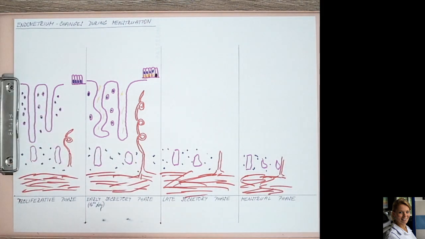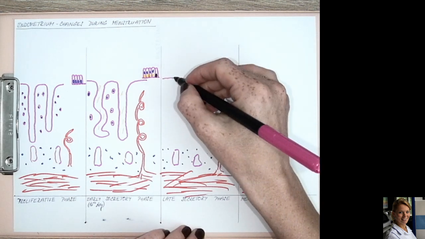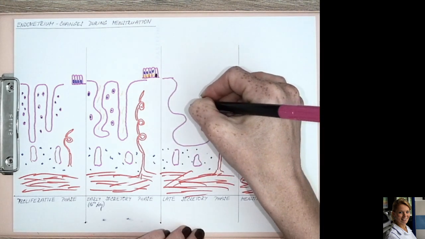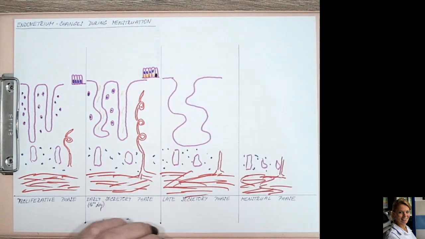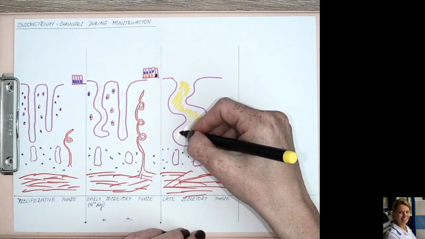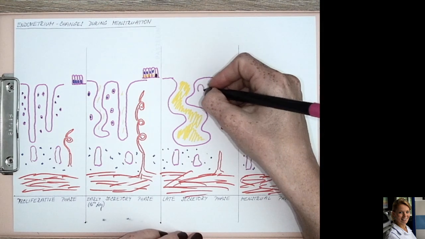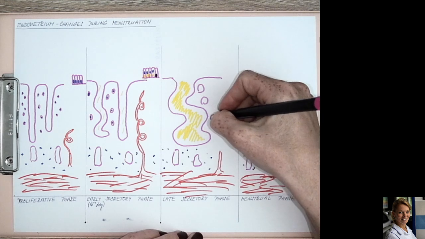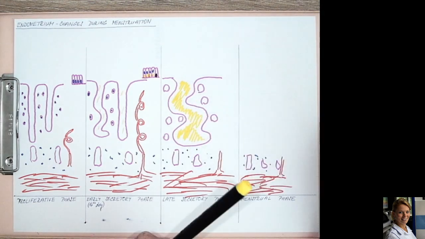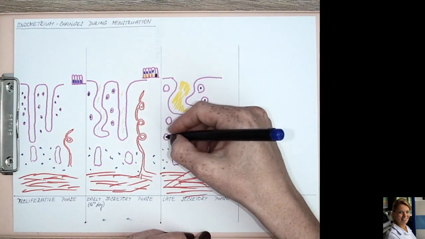In the late secretory phase, the endometrial glands are coiled, dilated, full of the product. The stromal cells are large and also contain droplets of glycogen and lipids.